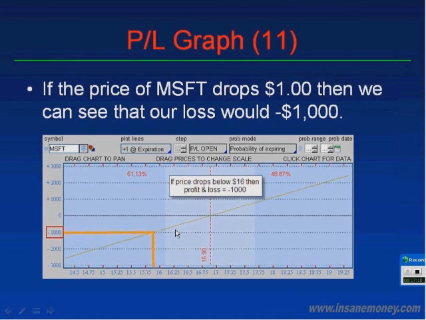So what's important to know is, given an estimate of where the price is going to be, you want to be able to calculate where your projected profit and losses are. The reason for that is that you want to have a game plan, right? You want to know that once my position goes down $1,000, I'm going to do something.